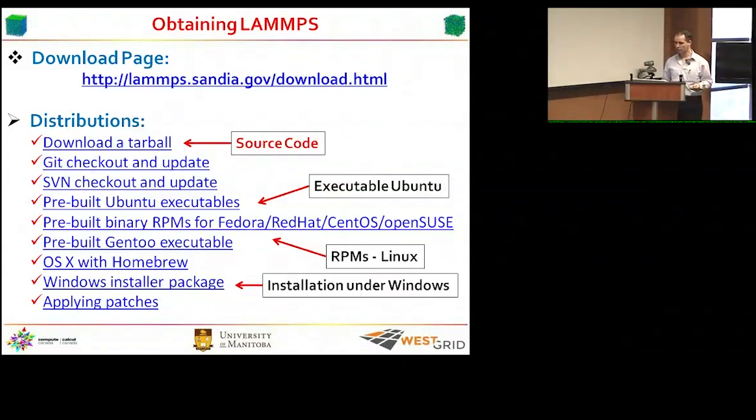Another option is to install it on Windows. It's an executable you download and install. But when you download RPMs or Windows installers, you don't have all the packages included.